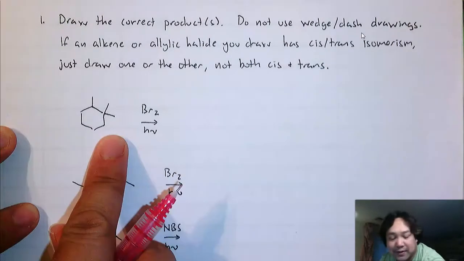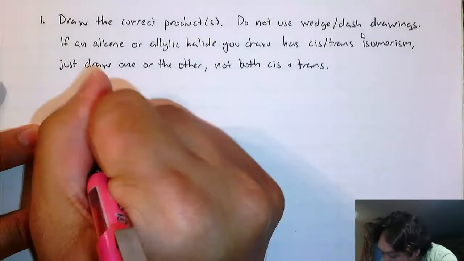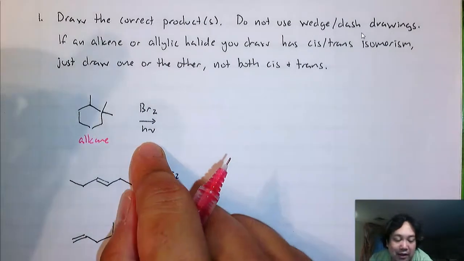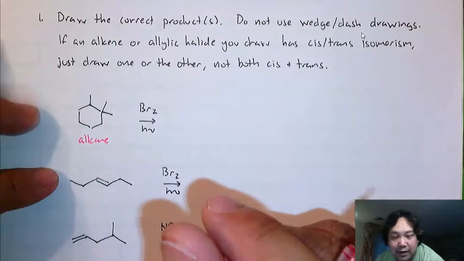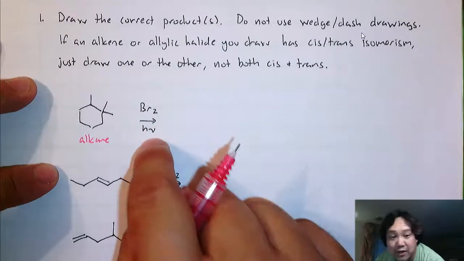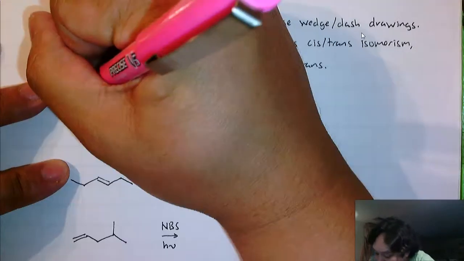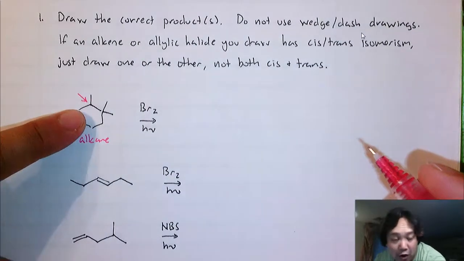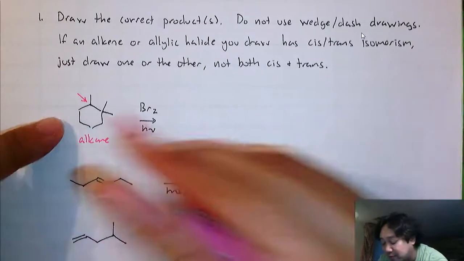When I see this, I definitely see an alkane. And there's only one reaction that you could do with an alkane, at least the way I teach organic, and that's radical halogenation. And you are going to put the Br on the most substituted carbon that has a hydrogen, because you are replacing that hydrogen.